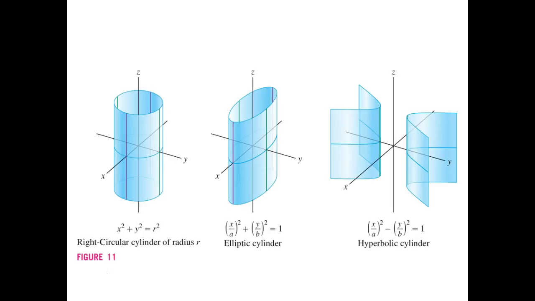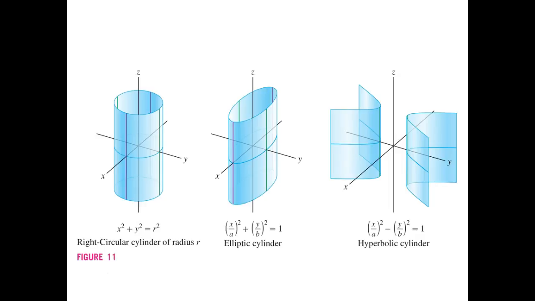This would be a hyperbolic cylinder. Okay, this one, have they done this right? No. They've drawn this wrong. How can you tell? The minus.